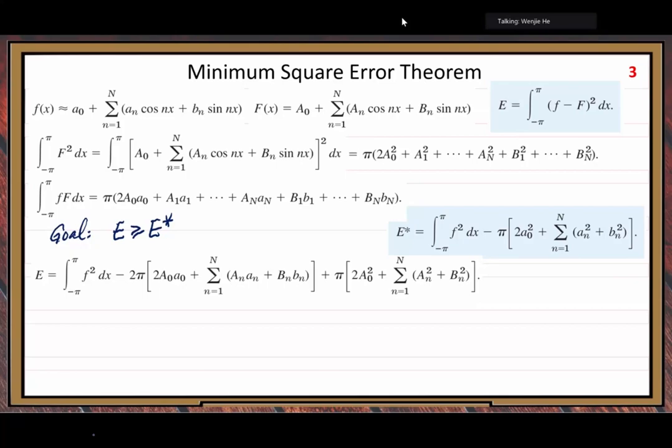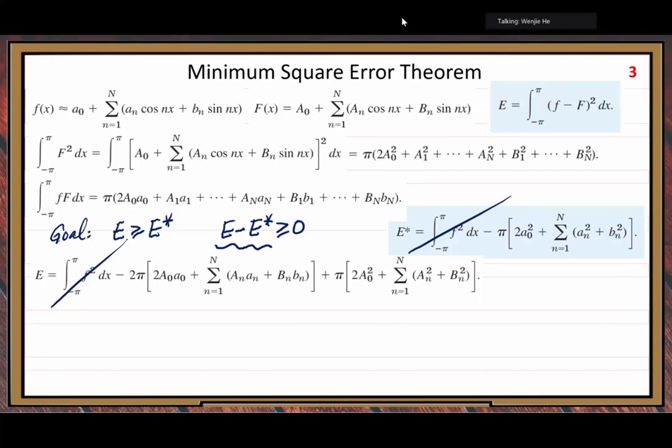So let's do subtraction. We want to show capital E minus capital E star is greater or equal to 0. When we do subtraction, the first integral term is gone, canceled out. We do not need to worry about it.